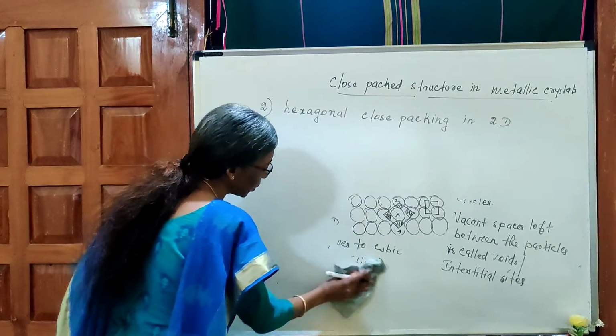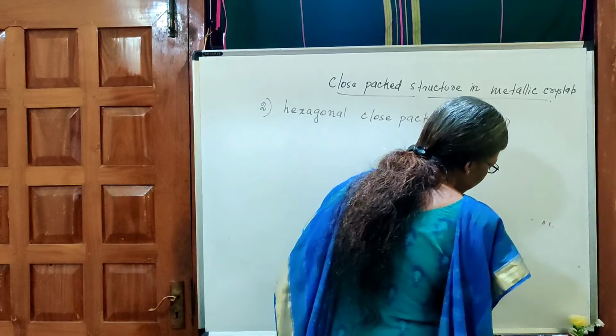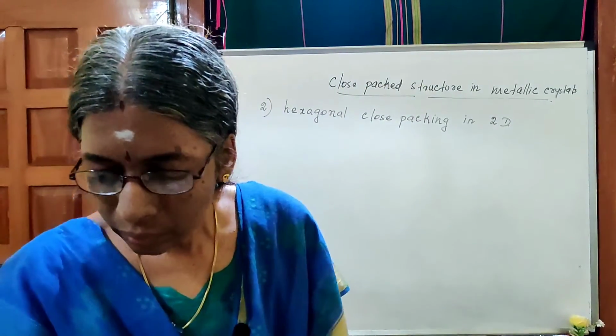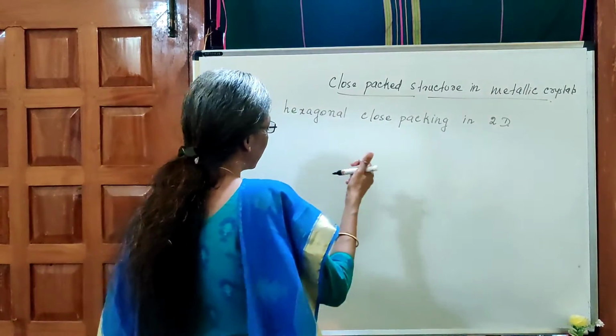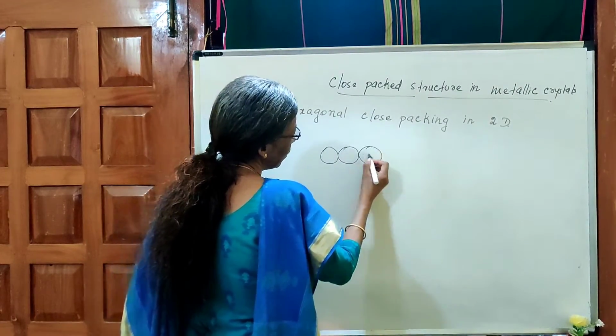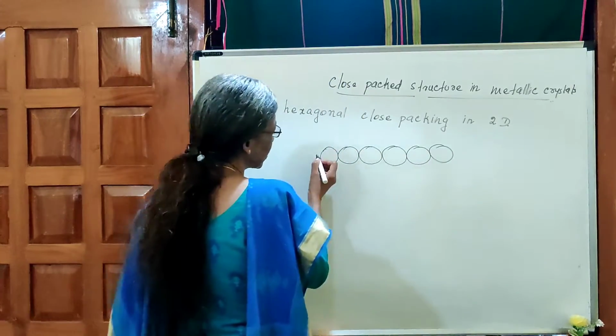So first, how will you draw this? First we are drawing the first layer. First, how do you take this? Number 1, 1, 2, 3, 4, 5, 6. This is the first one.